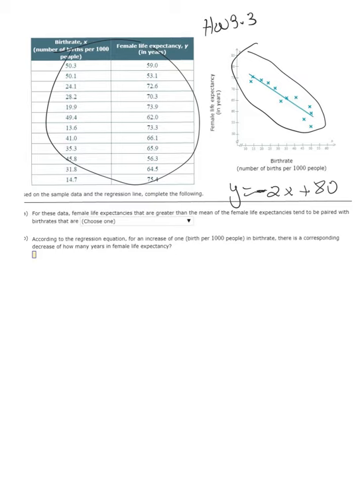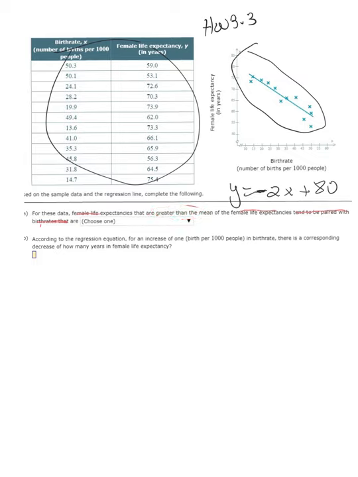So first thing it says, for this data, female life expectancies that are greater than the mean, greater than the center of the female life expectancies, tend to be paired with birth rates that are greater than the mean, or are they going to be less than the mean is really what we're looking for here.